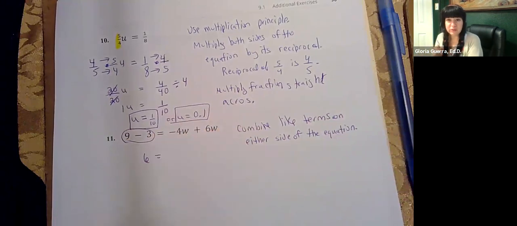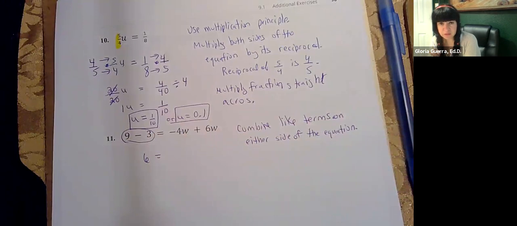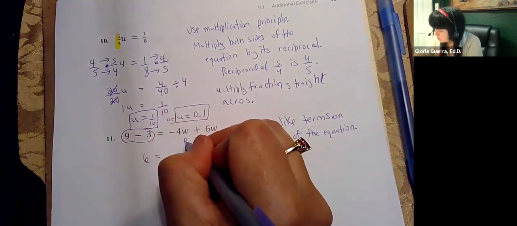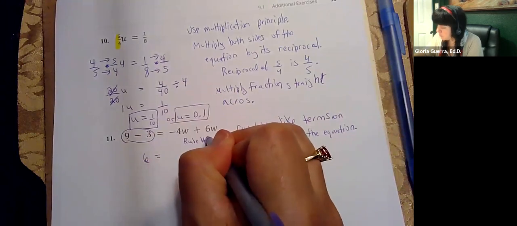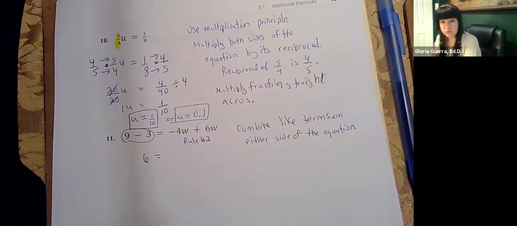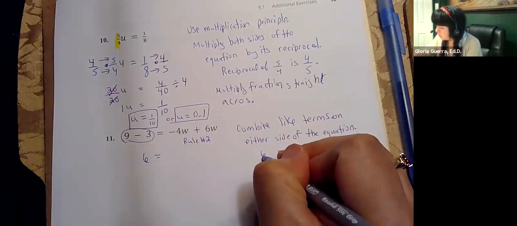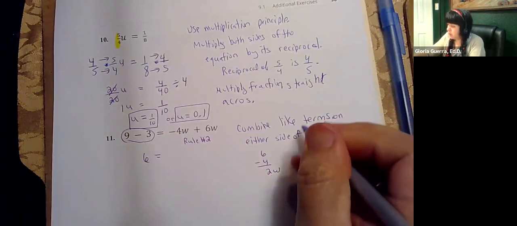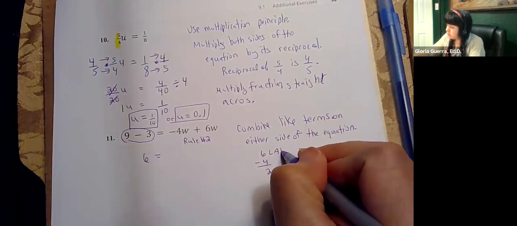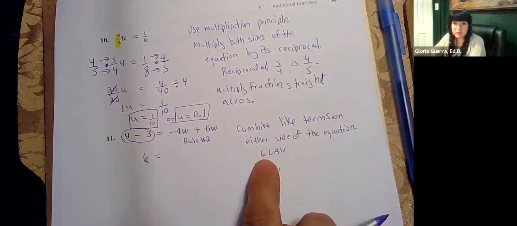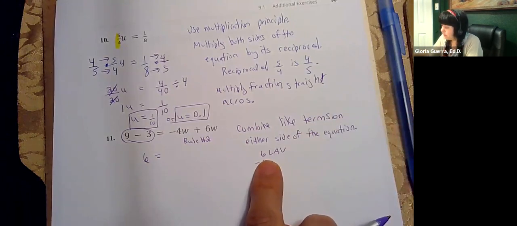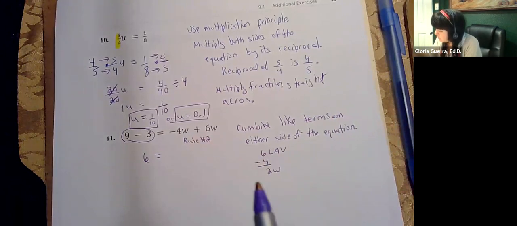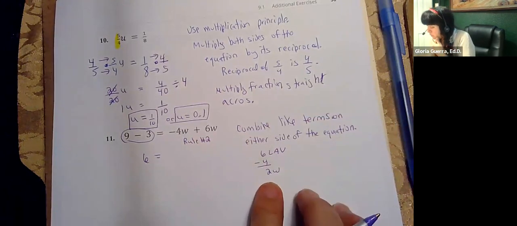You don't need a fancy sign rule for that. You don't need to add the opposite. If you have 9, you can take away 3. That's just 6. And over here, this is row number 2, different signs, adding 2 numbers with different signs. So you want to do 6 take away 4, which is 2 with respect to W. And you want to keep the sign of the number that has the larger absolute value, bigger distance. 6 is positive here. So this 2W is going to be positive.